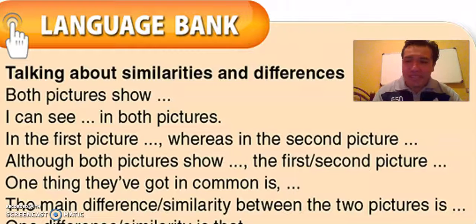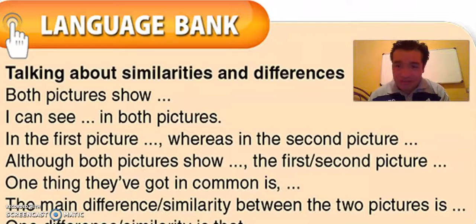For example, if one picture has children and the other picture has children, we can say both pictures show children or houses. You can say both pictures show houses. Both pictures show animals. Both pictures show cars and so on. So that means that we are talking about similarities.